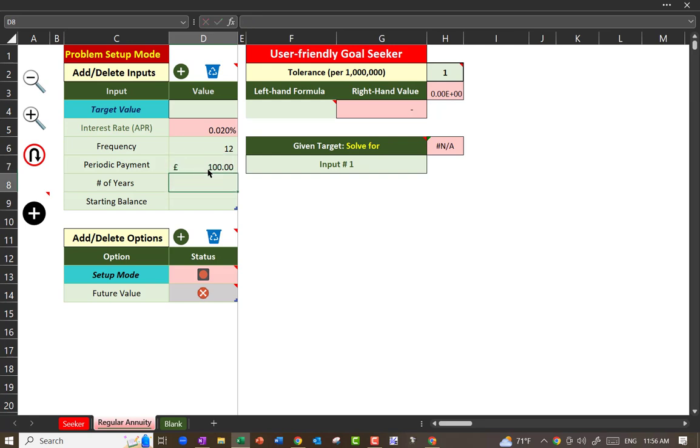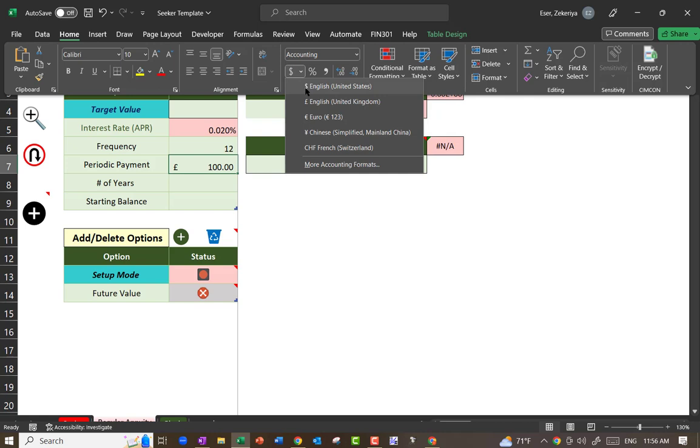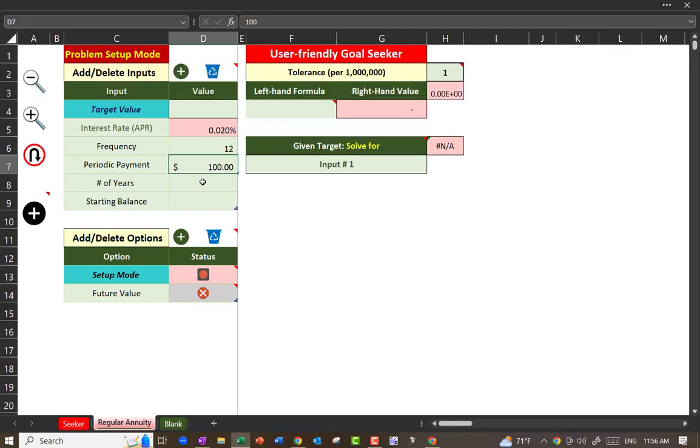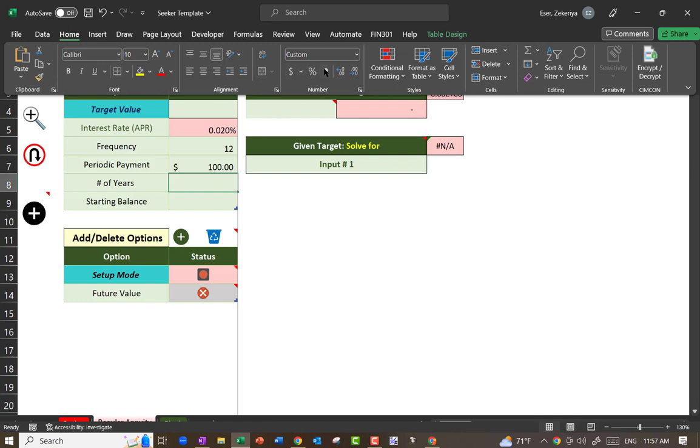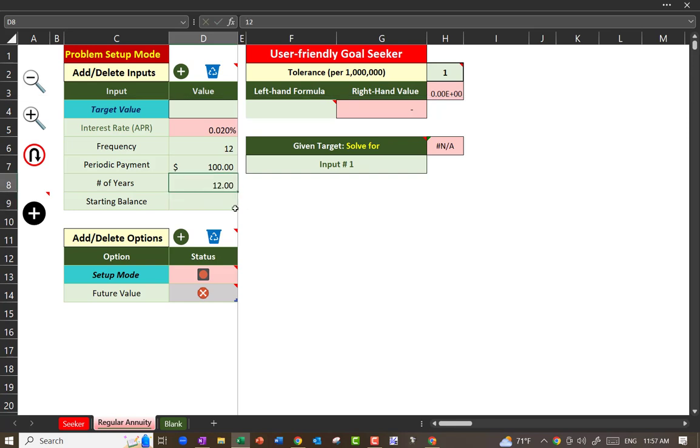Number of years, be allowed for non-integer number of years. So I'm gonna do just comma format. If you want to add more decimals, you could. And starting balance is also dollars. Again, I'm civilized. Instead of going to the menu and doing those things again, I'm gonna copy the periodic payments, but I'm gonna paste only the formats.